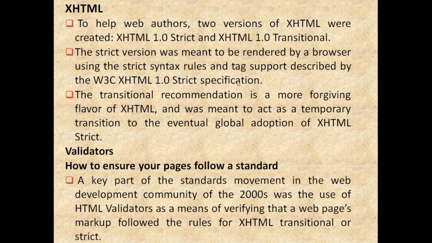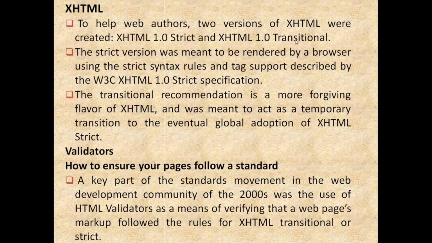That means if you are creating a web page using XHTML 1.0 strict, you have to follow all the syntax rules specified by W3C. It has to be strict. If you are not following those syntax rules, then your web page will create an error.